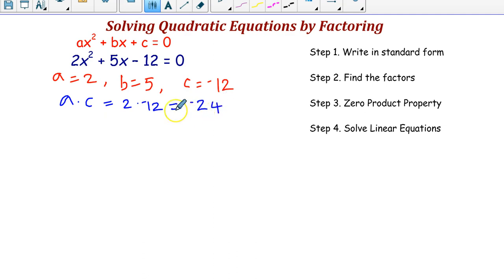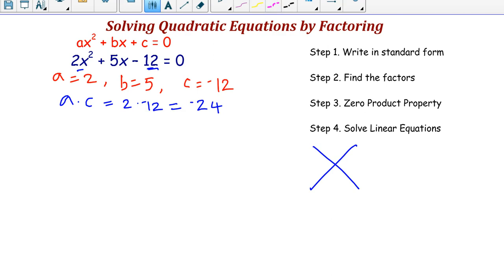So the product of a and c is obtained, and you also have the value of b. So now I'll go ahead and find two numbers whose product is negative 24 and the sum is 5.